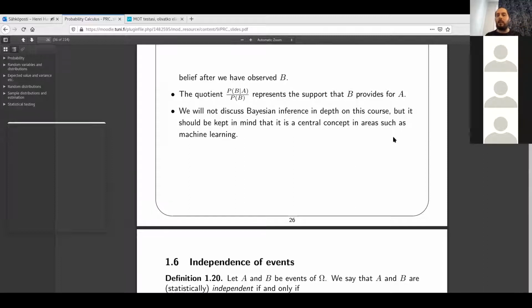On the other hand, if B has a very low probability, it's a very rare event, and the probability of B happening if A happened is very high, then this gives a high probability that A has actually happened. This increases the likelihood of A actually happening.